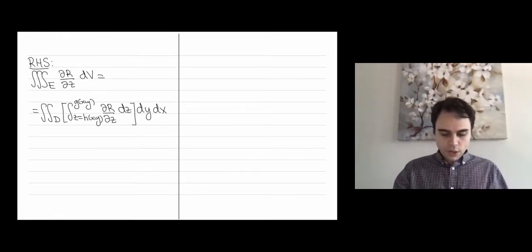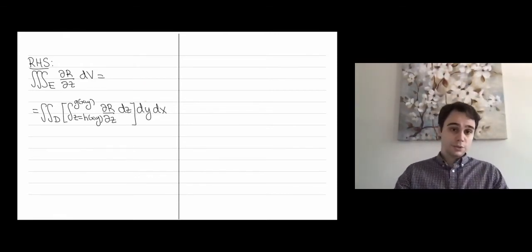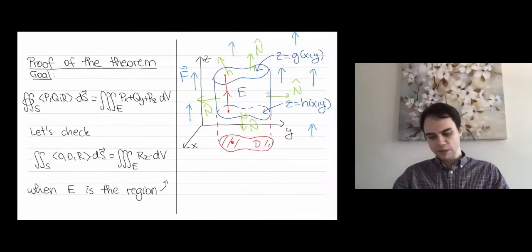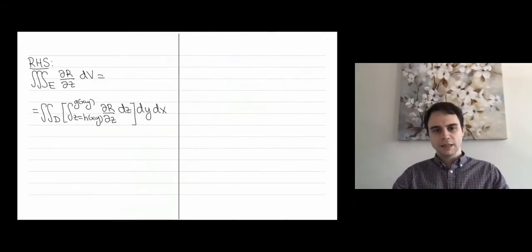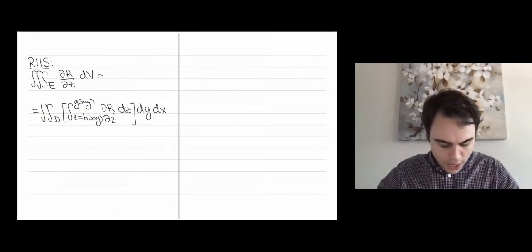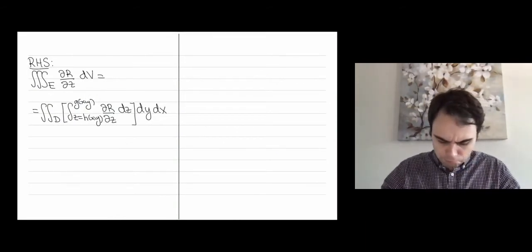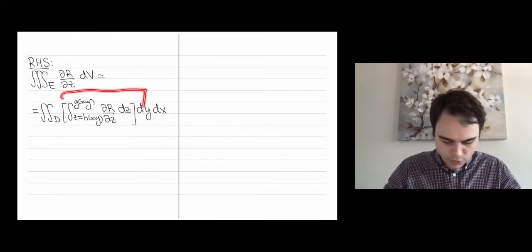Okay, so here I didn't do anything yet. I just set up the integral. Well, I did use Fubini's theorem to set up the integral in that way, taking advantage of the shape of the region. But now we're not stuck yet. There's something we can do here.